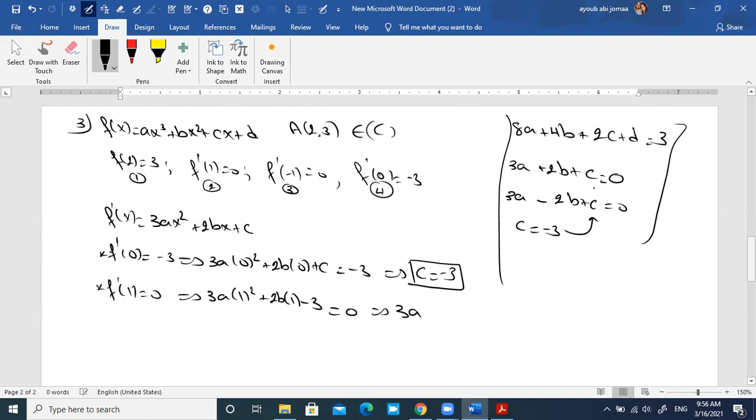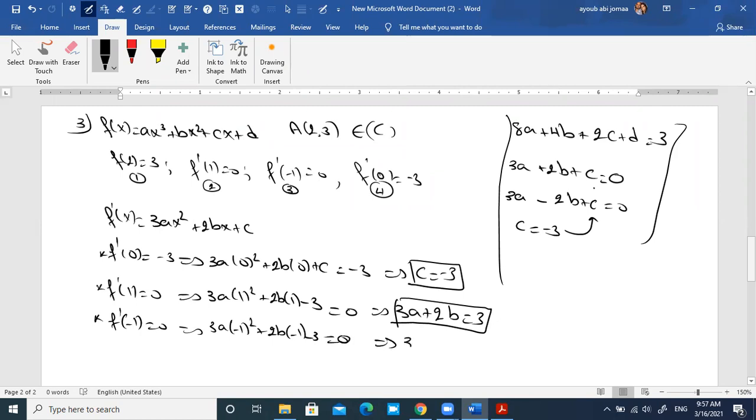This means that 3a plus 2b is equal to 3. Now f prime of negative 1 equals 0: 3a times negative 1 squared plus 2b times negative 1 minus 3 equals 0, and so 3a minus 2b is equal to 3.